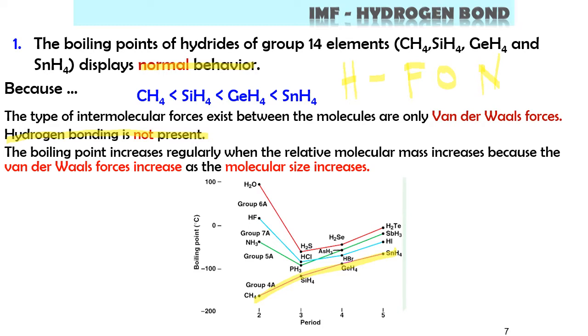But then, for the other molecule, it does not have FON. Okay, so that is why the trend for group 14 will display normal behavior. Okay, so boiling point increases regularly or gradually when the relative molecular mass increases because van der Waals forces increase as the molecular size increases.